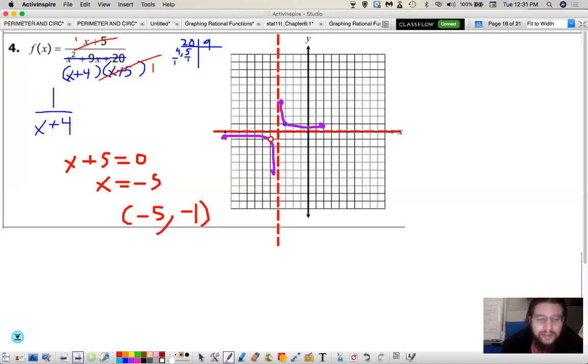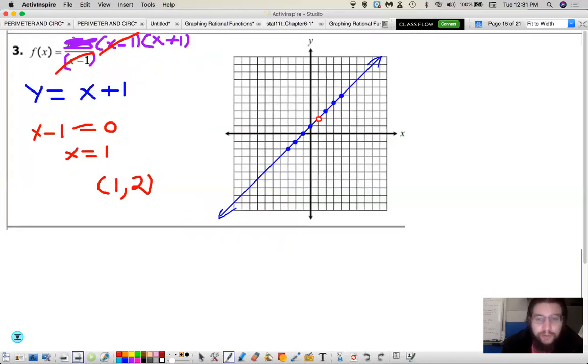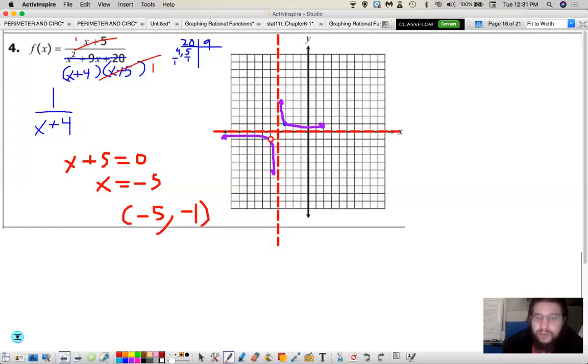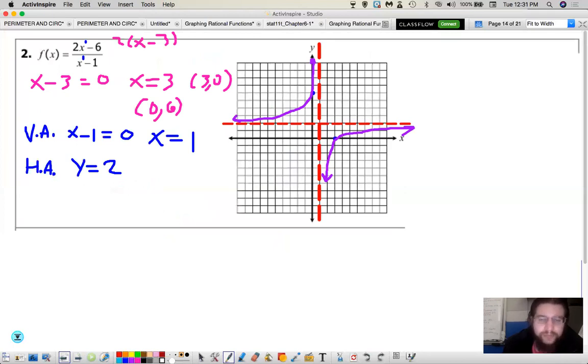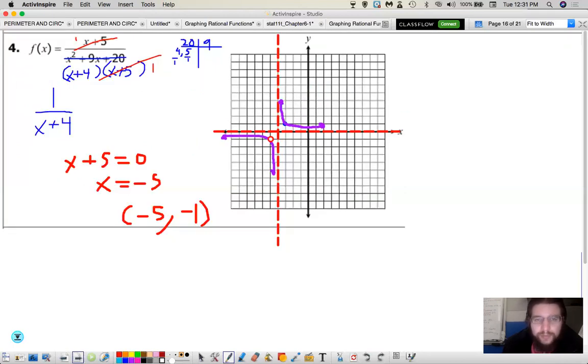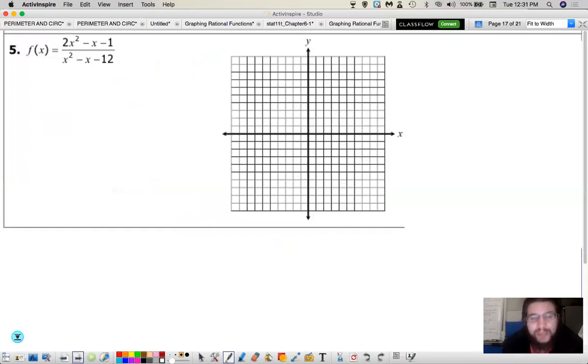So like I said, you don't know if it's going to turn into a line, reciprocal mother function, or some other random, who knows what kind of thing going on here. It's trinomial over trinomial, isn't it? That's two AC methods. That's lots of factoring. Okay, we can do it.